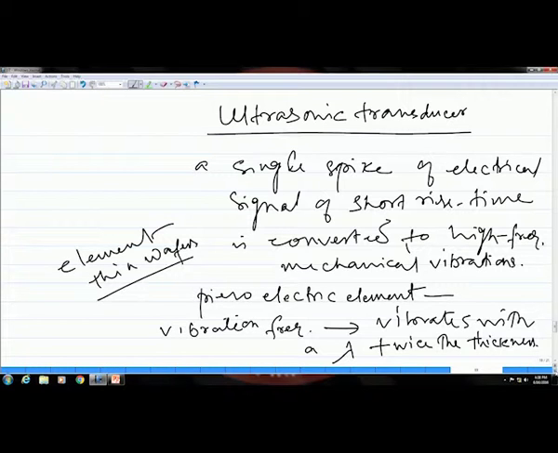The main component of an ultrasonic transducer is this piezoelectric element. When you supply an electrical signal to this element, it will vibrate with a particular frequency, which depends on the thickness of the element. Lower the thickness, higher will be the frequency, and that is why these elements are cut into thin wafers, and different frequencies can be generated by having these elements in different thicknesses.